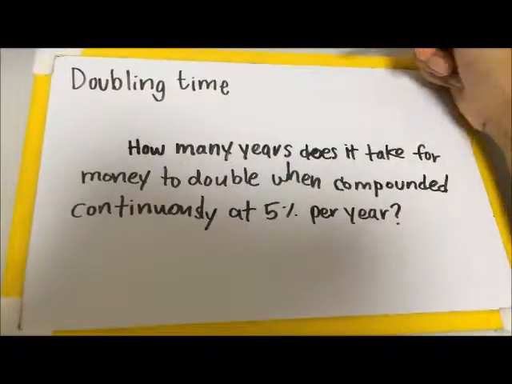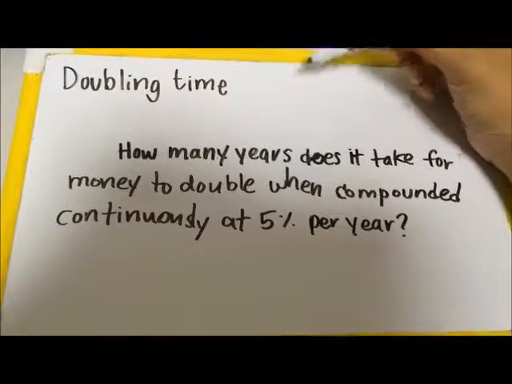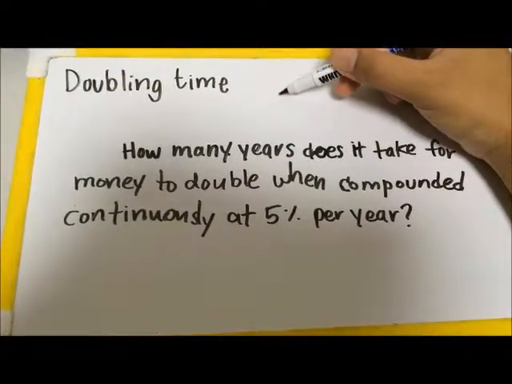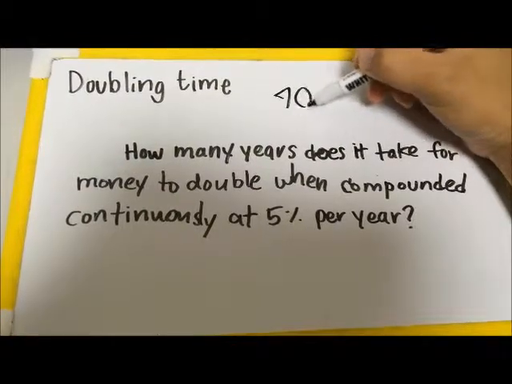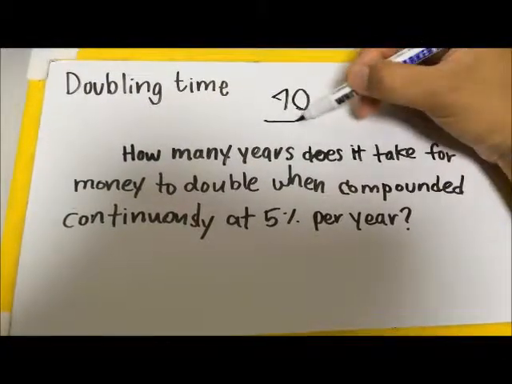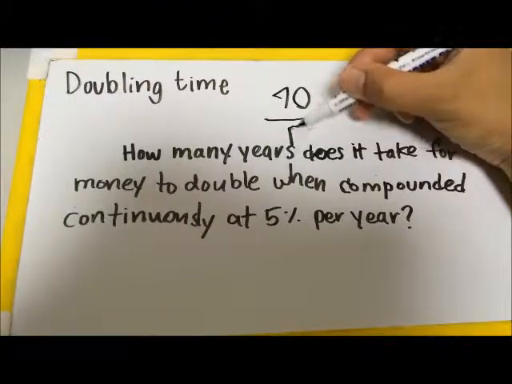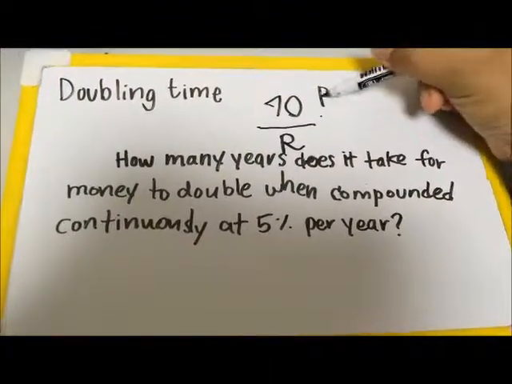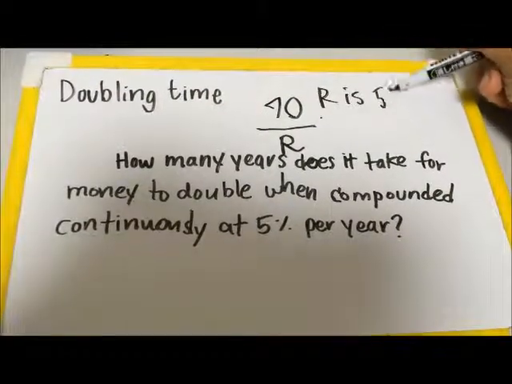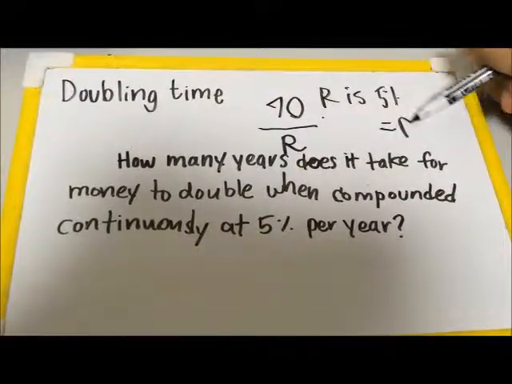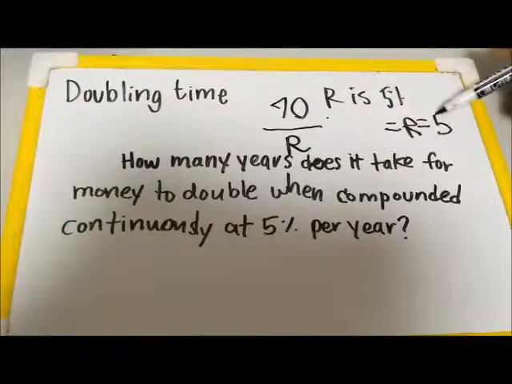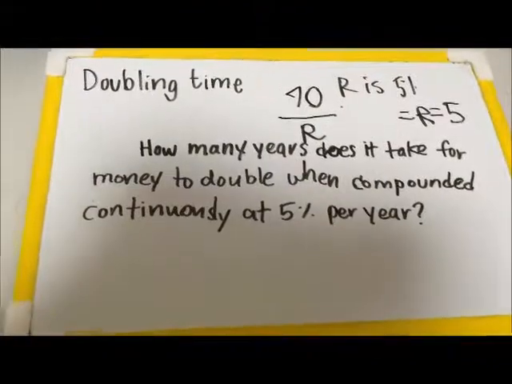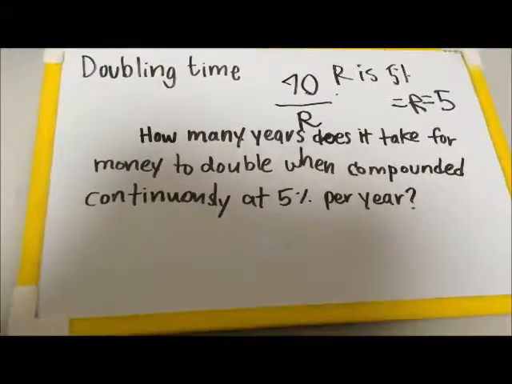In this meaning, doubling time has a formula and it can be written as 70 divided by R, which means if R is 5%, then R equal 5. Then let's solve this question.